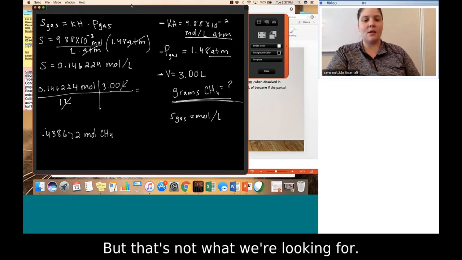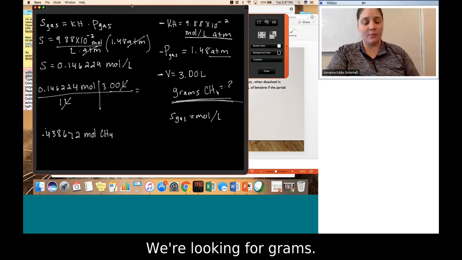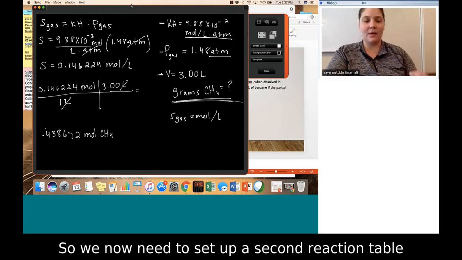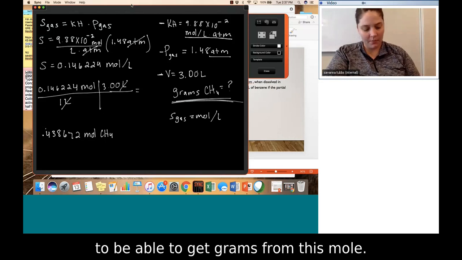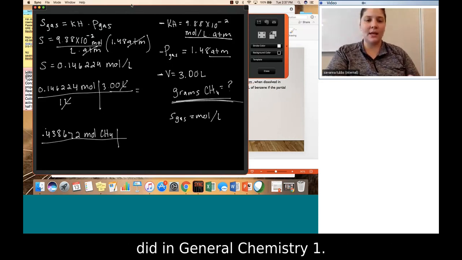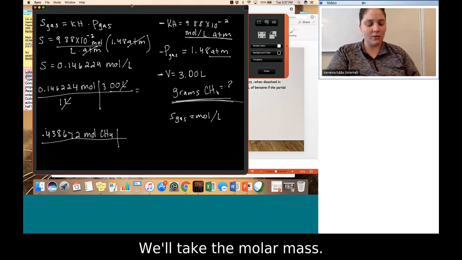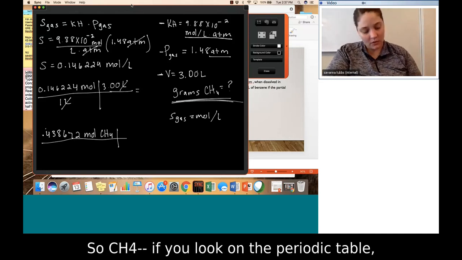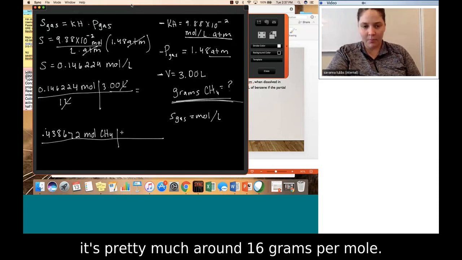But that's not what we're looking for. We're looking for grams. So we now need to set up a second reaction table to be able to get grams from this moles. We're going to do the same thing that we did in General Chemistry 1. We'll take the molar mass. CH4, if you look on the periodic table, is pretty much around 16 grams per mole.